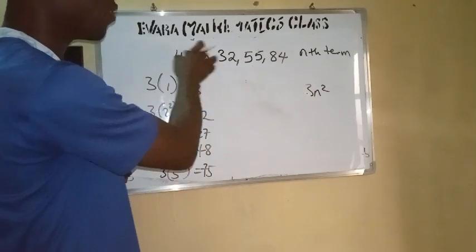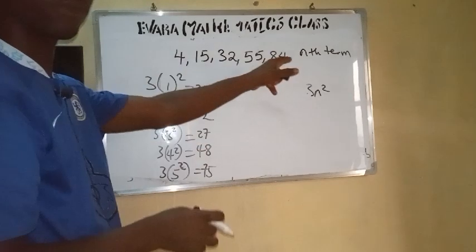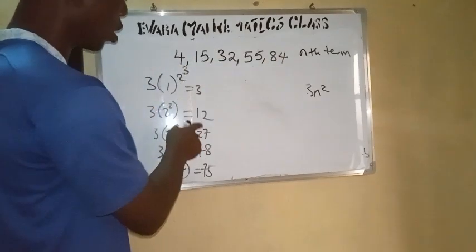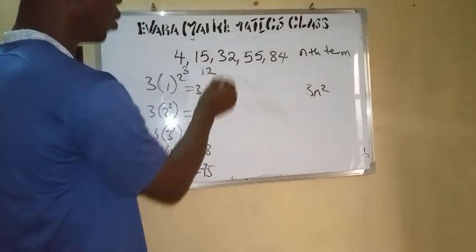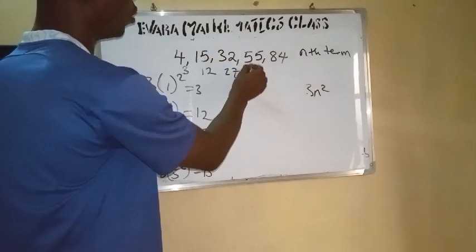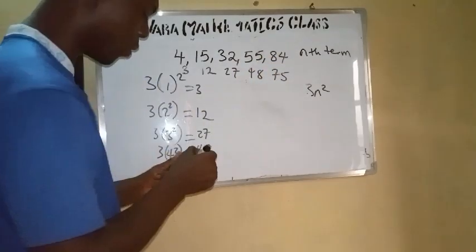And then we have the other 5 terms from the original question. So we are going to write each of these values under these terms. This is 3, this is 12, this is 27, the next one is 48, and then this is 75.